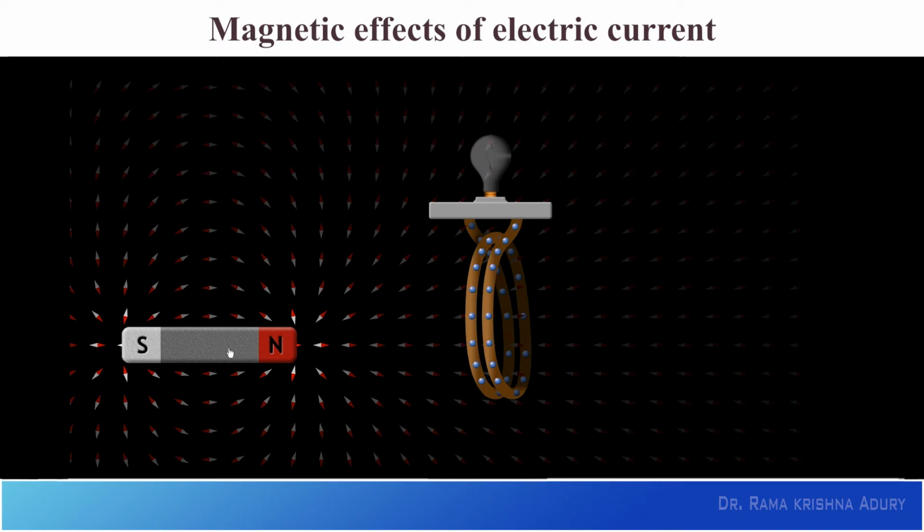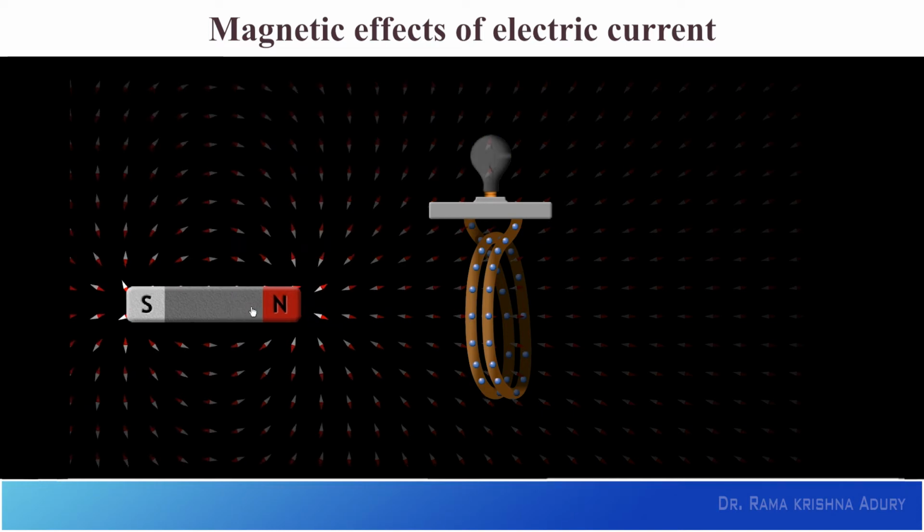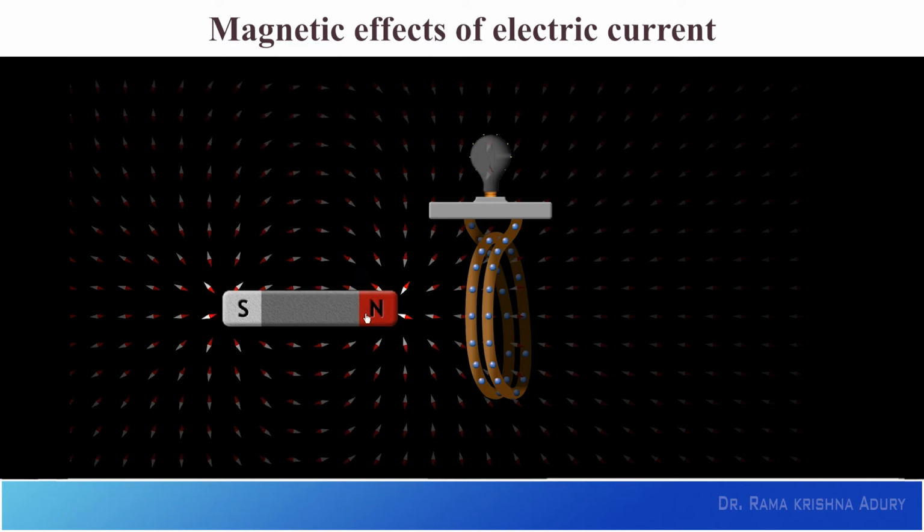However, when you have a magnet here, this magnet has a magnetic flux. And when the magnet is moving towards the coil, the magnetic flux is changing, whether the magnet is moving backwards or towards the coil.